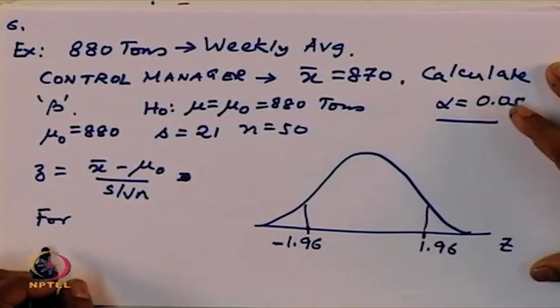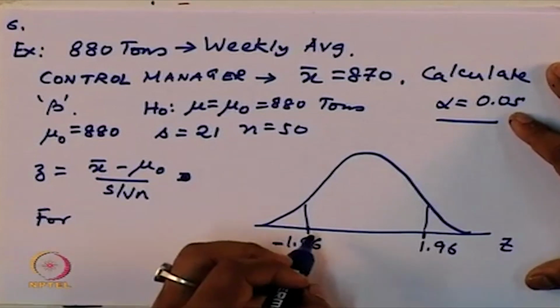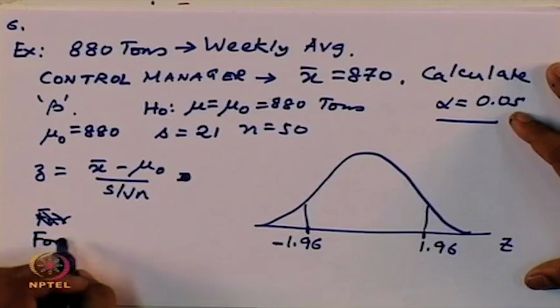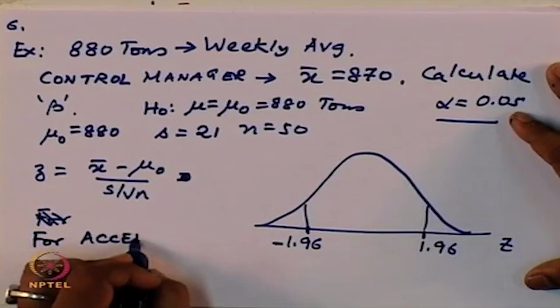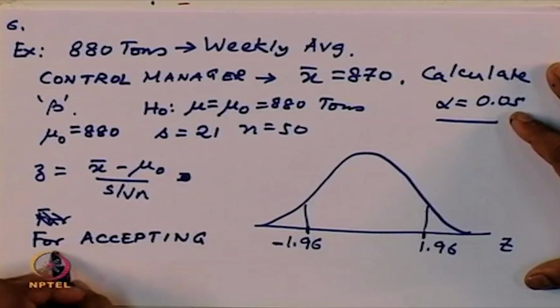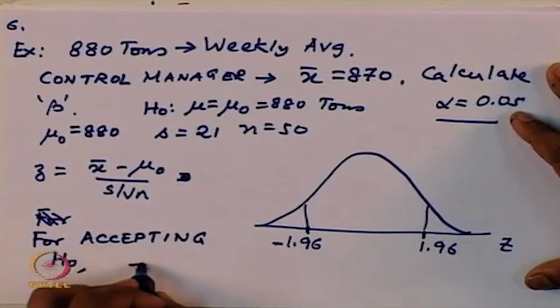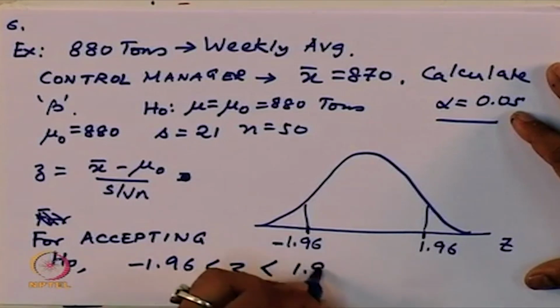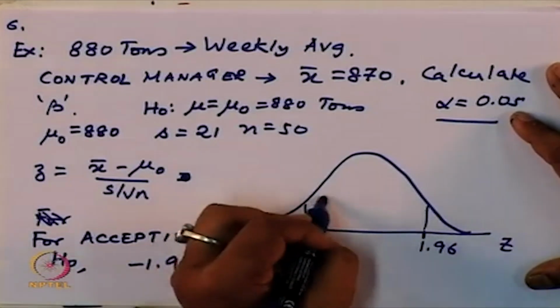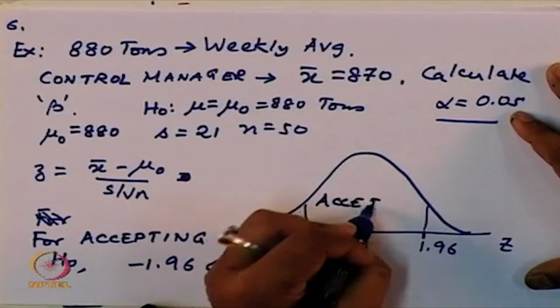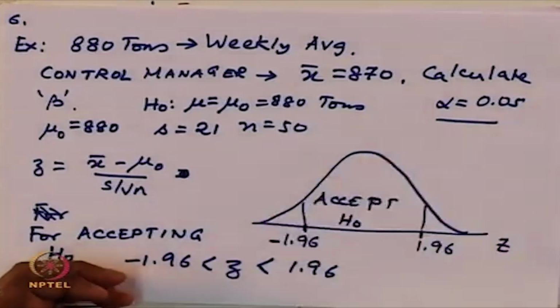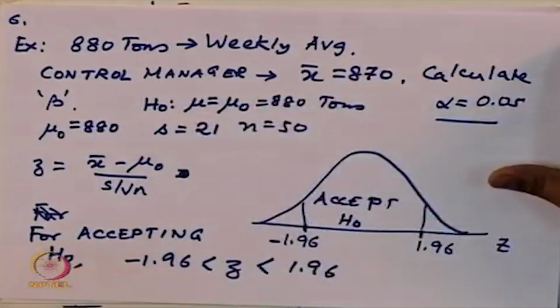So, for accepting H naught, my Z must be bound by, because this is my accept H naught area, the range over which I am going to accept my null hypothesis.